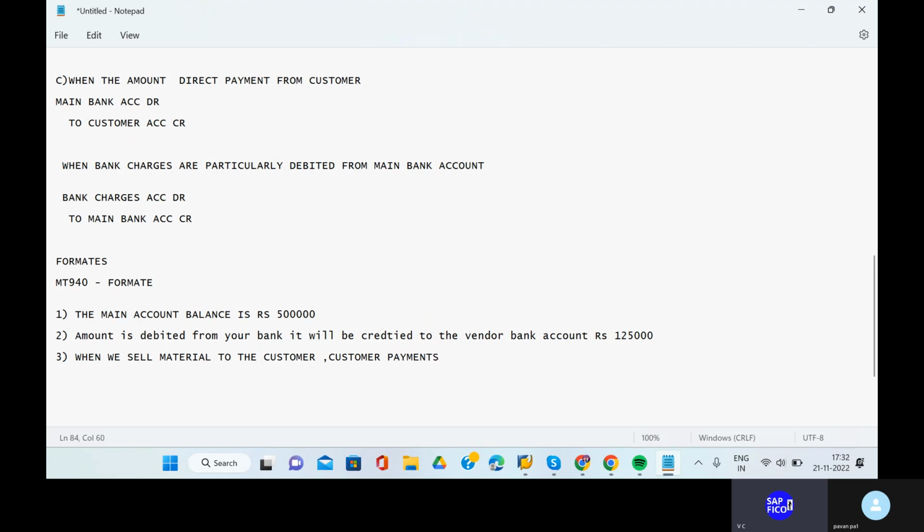How much is that? You have bought the raw material for 1,25,000 rupees, and for profit we can make this 1,50,000 rupees. Just give 1,50,000 rupees. Customer payments are to be expected.